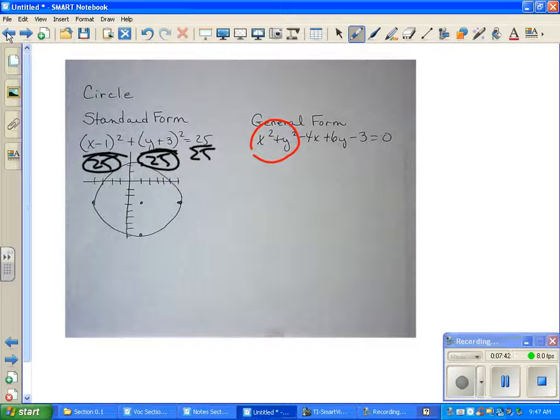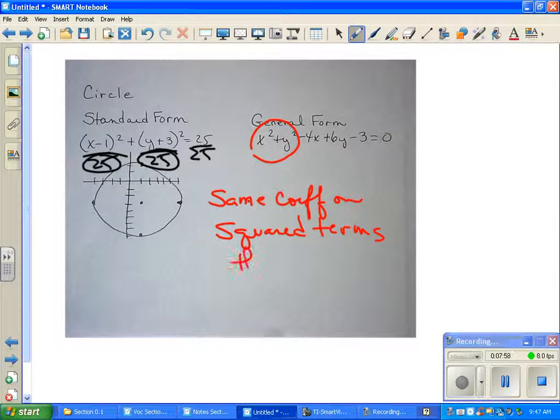So to be a circle, it has to have the same coefficients on the squared terms that are added.